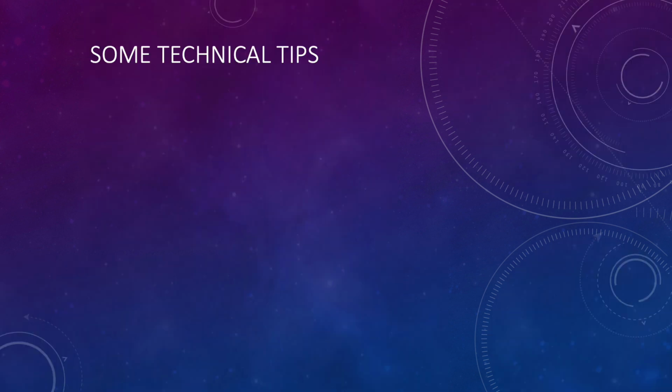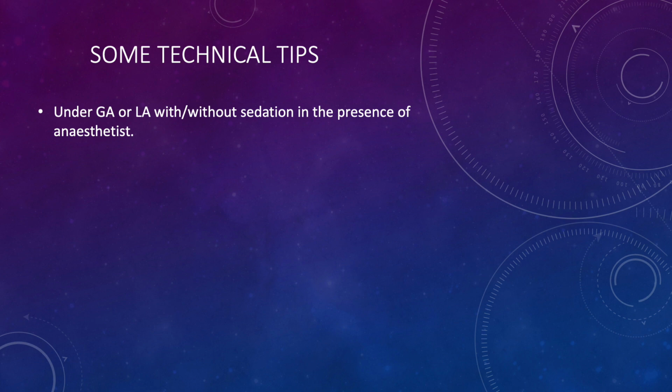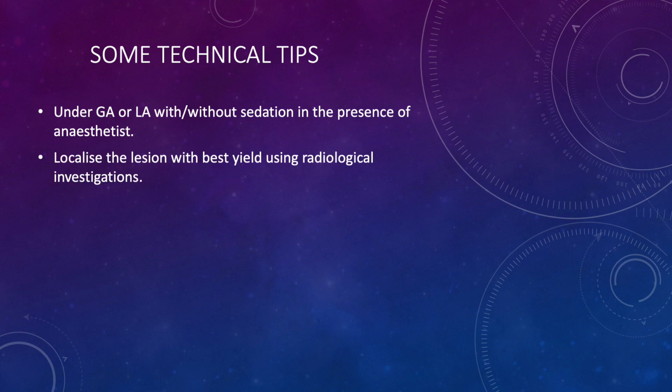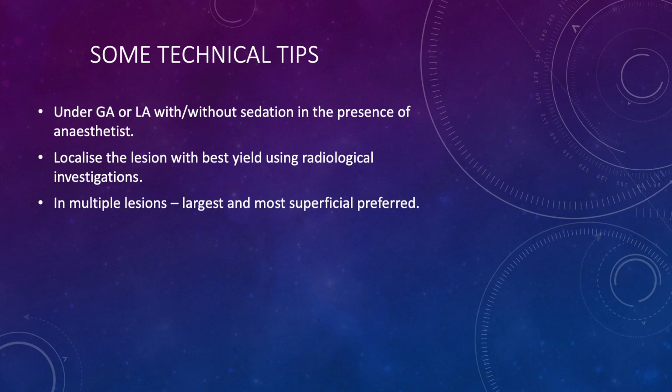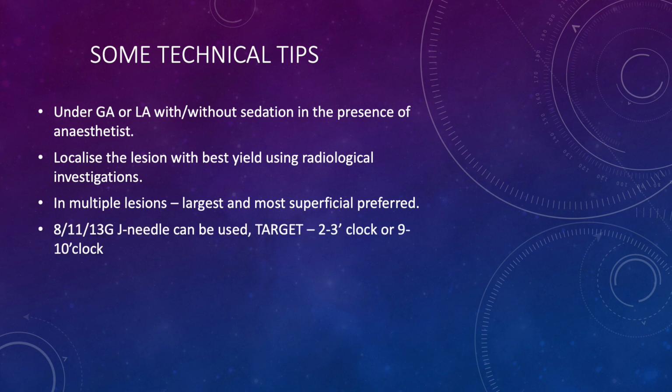So some technical tips on biopsy: do it under GA or local with or without sedation, with the presence of an anesthetist. Localize the lesion before you put your needle by the use of MRI, X-ray and other radiological investigations. In multiple lesions, target the largest and the most superficial preferred. Usually we use an 11 gauge J needle.